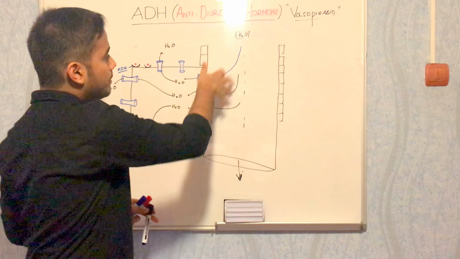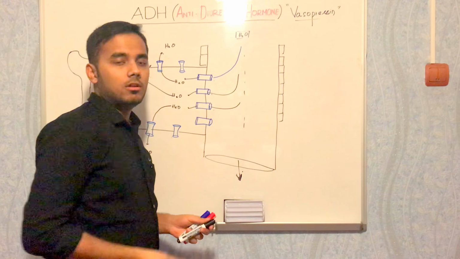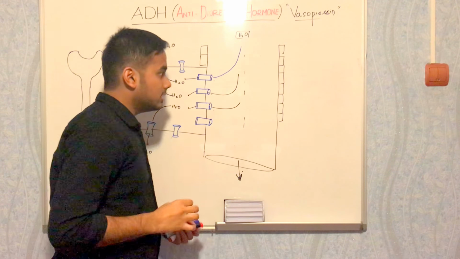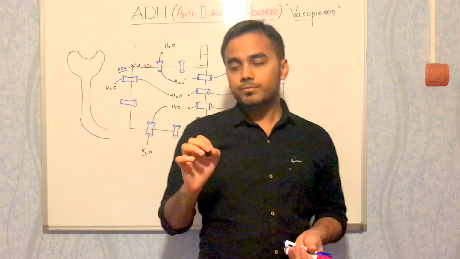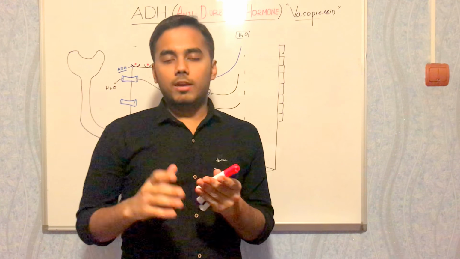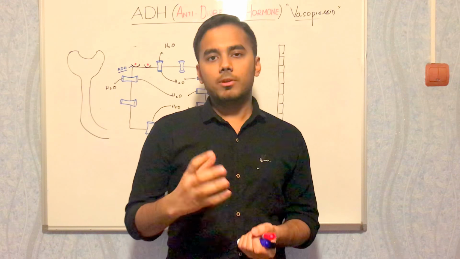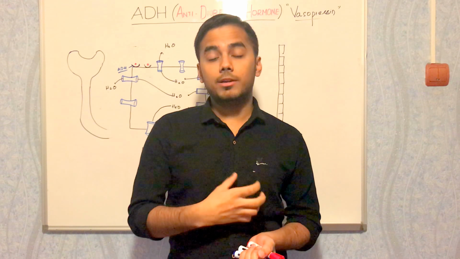Now, why does water have to be reabsorbed instead of excreted out? Why does it have to be reabsorbed back into the blood? The answer is that, as I told you, every minute your cardiac output is 5000 ml. Every minute from your left ventricle, 5000 ml of blood is pumped.